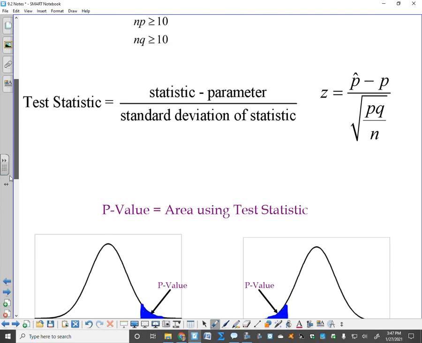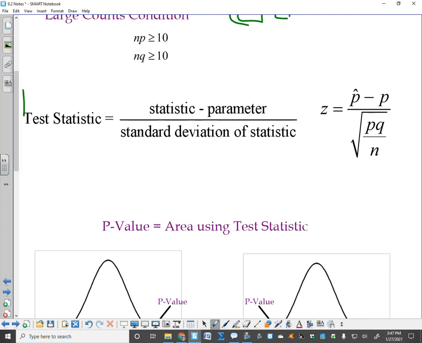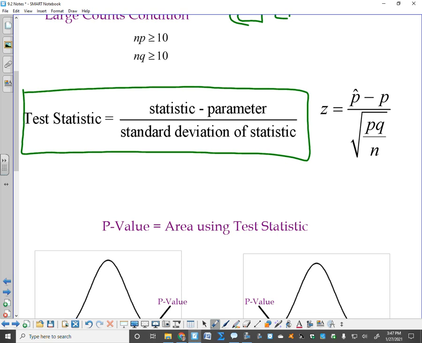All right. Now, this guy is not new. This formula is on your formula sheet. Test statistic equals statistic minus parameter over standard deviation of statistic. We used this way back in the day when we were finding z-scores.